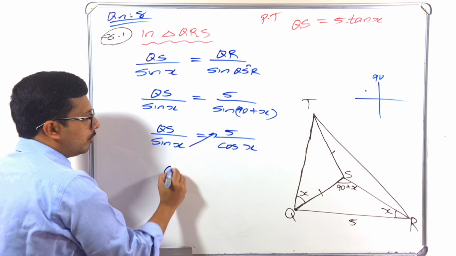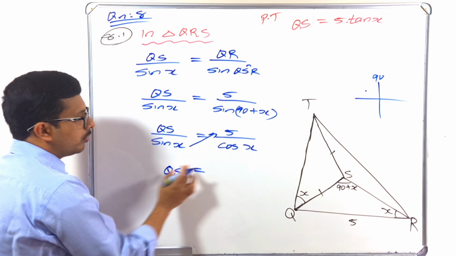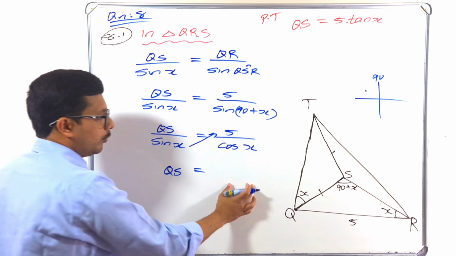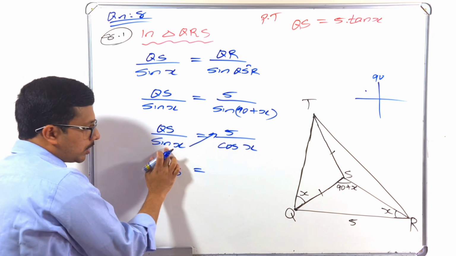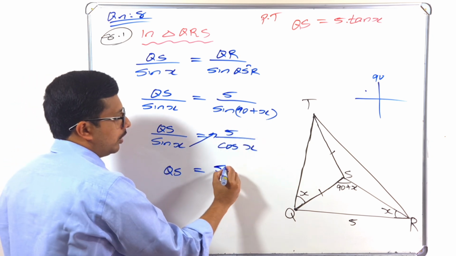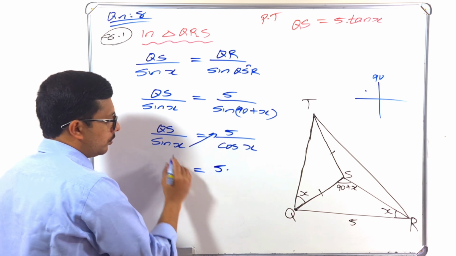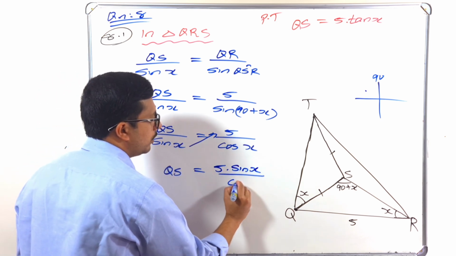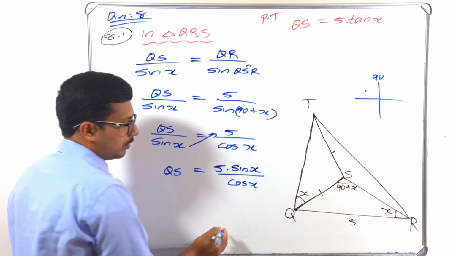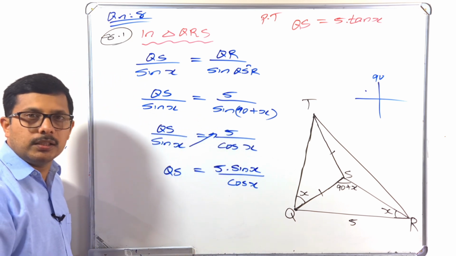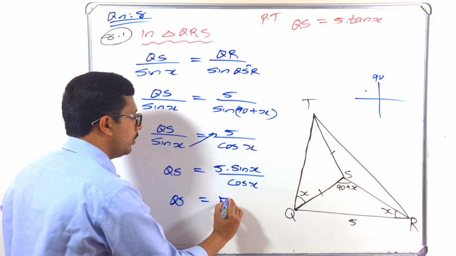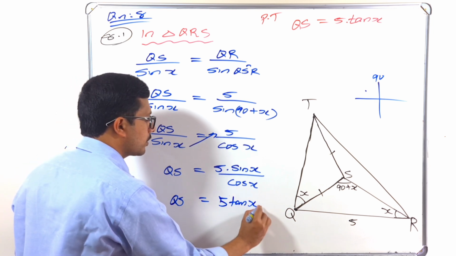I'm not going to cross multiply this one here, I just want that one on the bottom. So I took this sine x and multiplied with the numerator. So 5 into sine x divided by cos x. What is sine x by cos x? It is tan x. So QS is equal to 5 tan x.